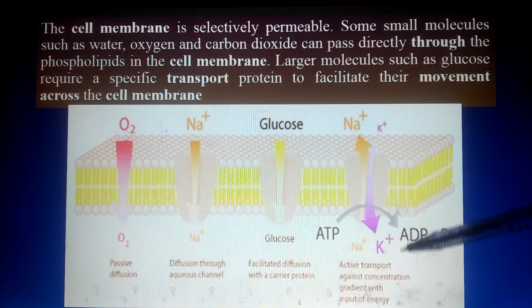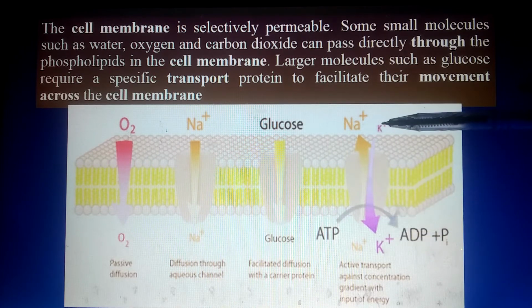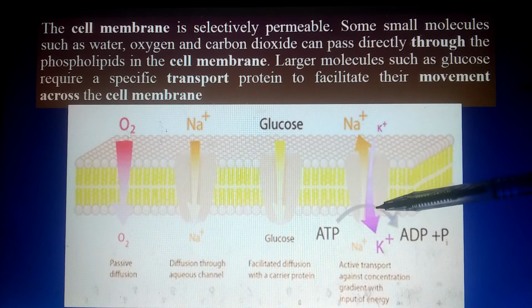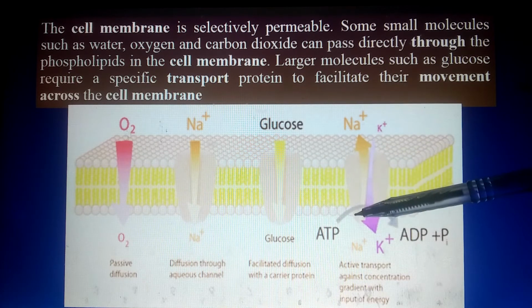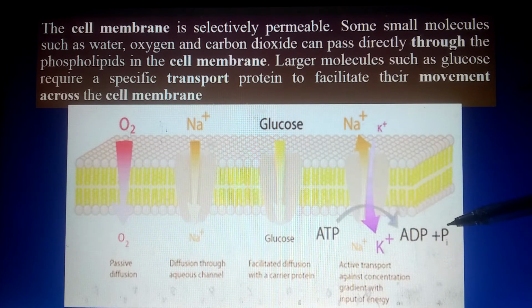If the ion moves from this low concentration to the higher concentration of sodium ion, it requires energy, and that energy is provided by the breakdown of ATP. ATP breaks down into ADP and phosphate, and energy is released, and that energy is used to push the sodium ion or potassium ion or hydrogen ion from lower concentration to higher concentration.